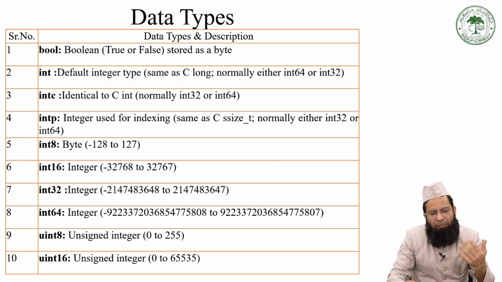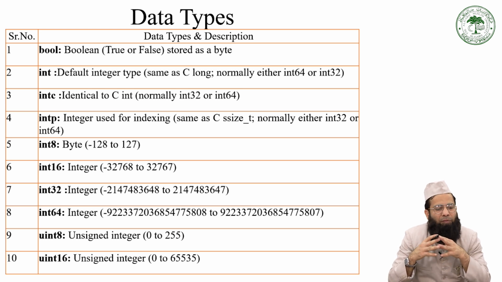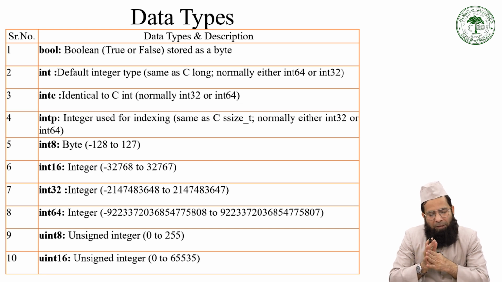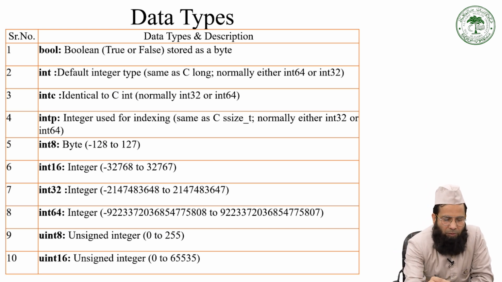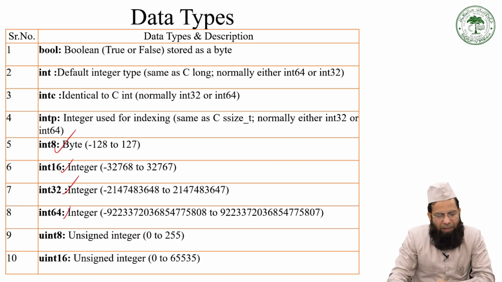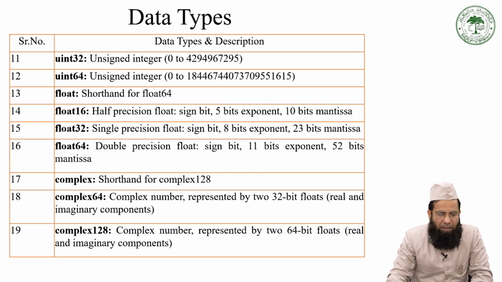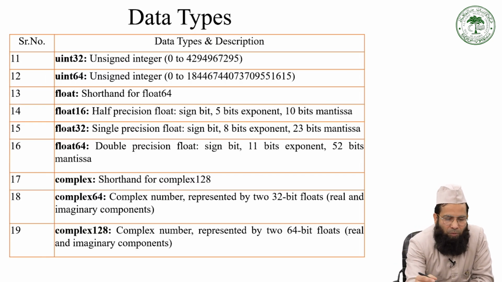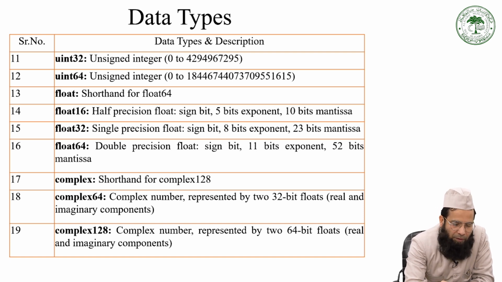So these are certain data types that you can use. We can create a NumPy array of Boolean data type, integer data type, and then we have C type of integer as well. Then you can use int 8, 16, 32, 64, and unsigned integer as well, 8-bit unsigned integer, 16-bit unsigned integer. Similarly, you can have float data type as well, and complex data type as well.